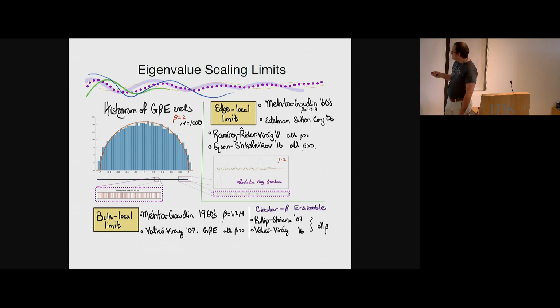There was a sort of limit operator which will appear later. I'll describe a little bit about this limit operator, which was posed by Edelman and Sutton. And this was then proved, there was a convergence proved and some properties of the operator determined by Ramírez, Rider, and Virág.